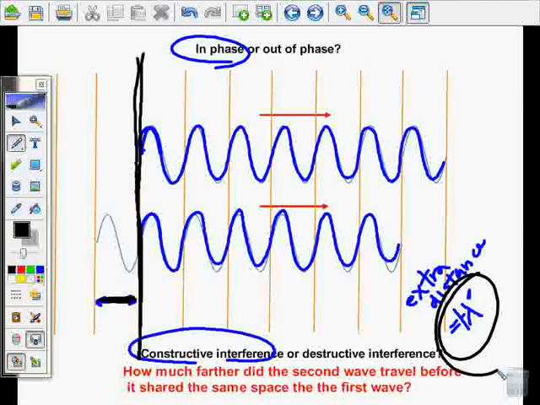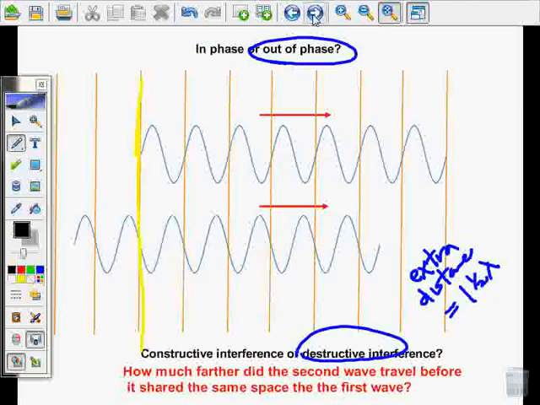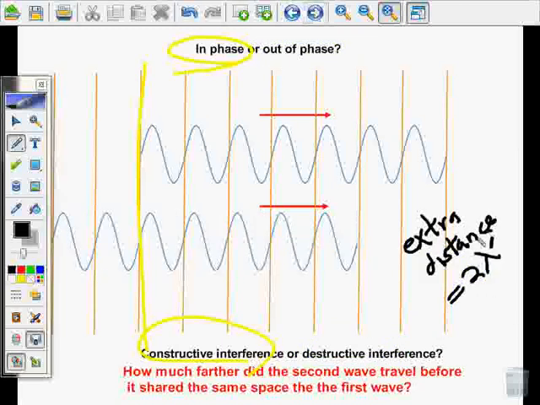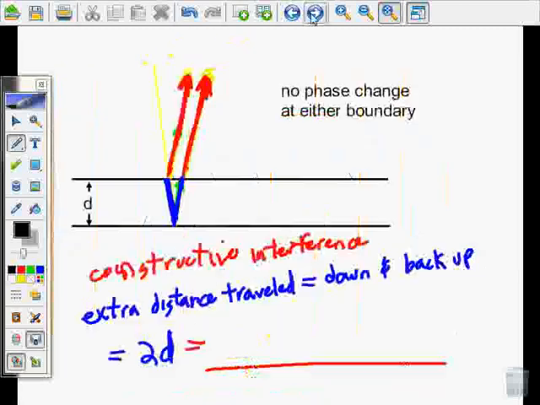Yes, it did. 1.5? Did that give us constructive interference? No, destructive. If the extra distance is 2 wavelengths, did that give us constructive interference? Yes. So when we come over here, the extra distance, I know it's complicated now because it's not along a straight line, but this right here is the extra distance.